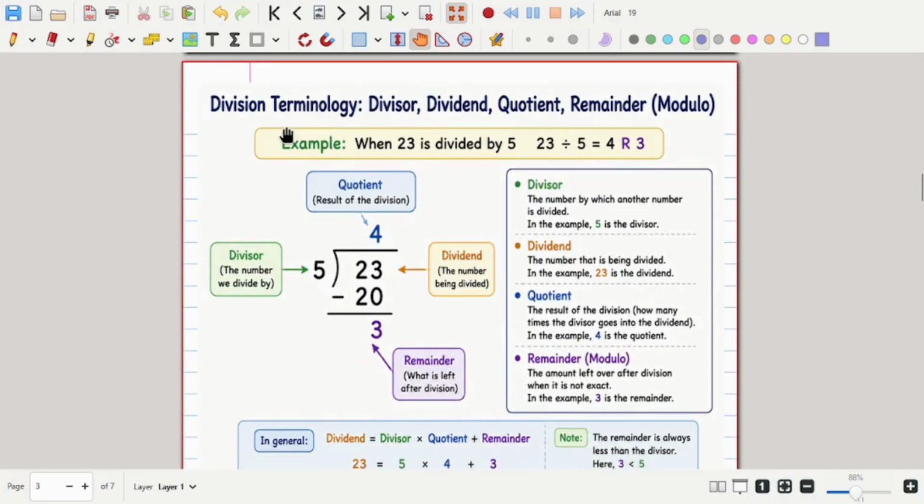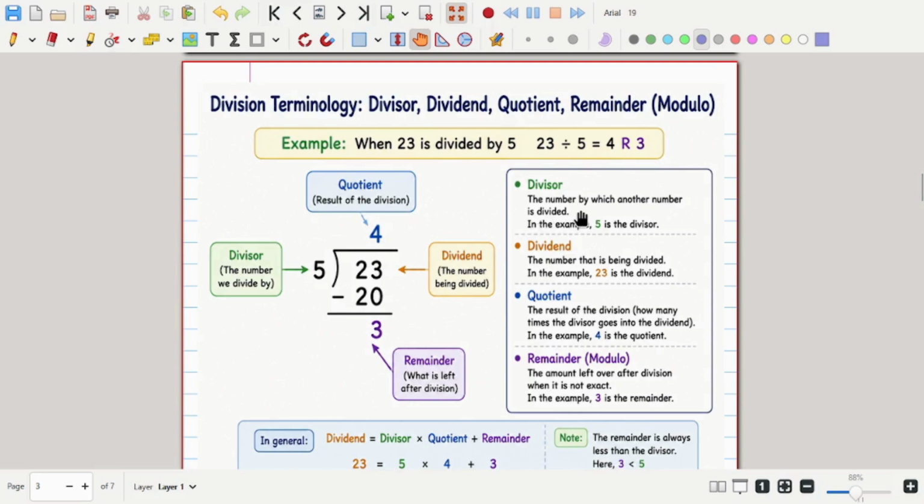Let's learn some division terminology. When 23 is divided by 5, we write it as 23 divided by 5. So in this example, 23 is the dividend. Dividend means the number that is being divided, and 5 is the divisor.